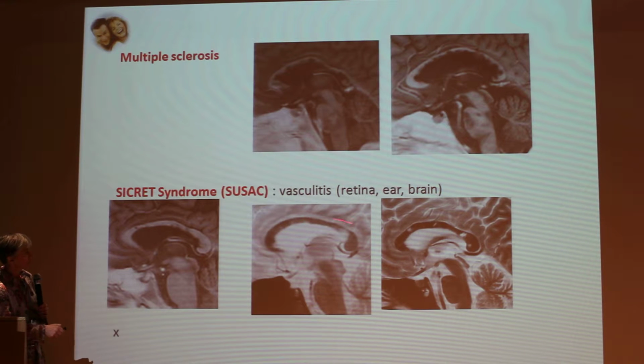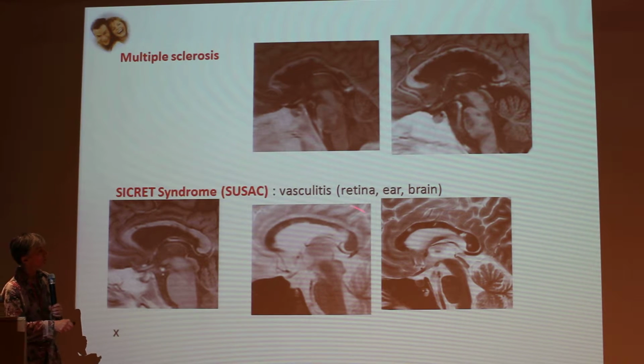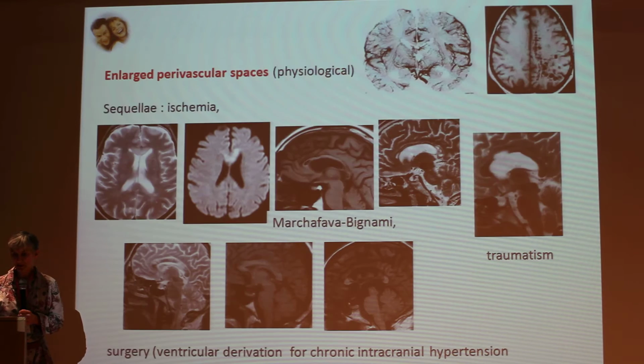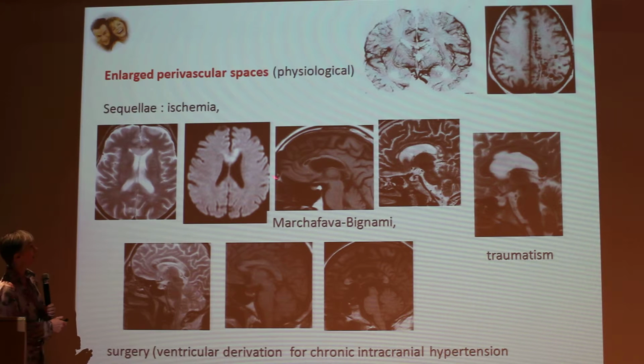And it is very interesting because the white matter around can be normal, and this is really the specific location for this disease. Of course, it can also be enlarged perivascular spaces, like in this case.